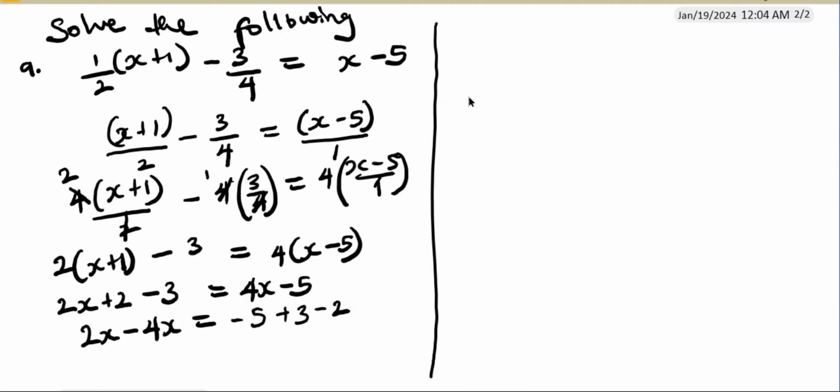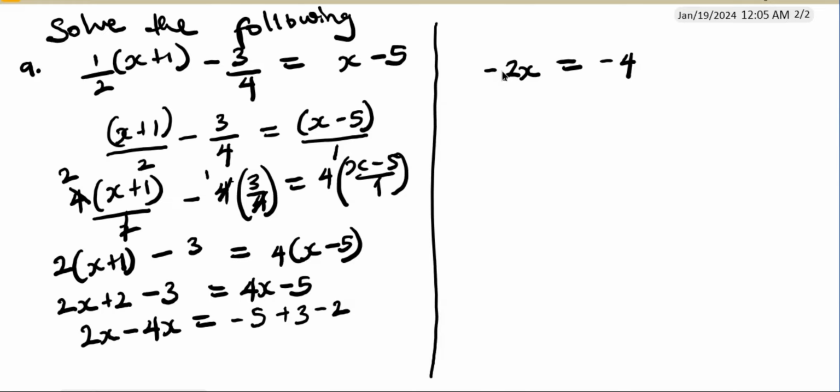So let's finish up this side. So 2x minus 4x will give me minus 2x equal to minus 5 plus 3 will give me minus 2, and minus 2 minus 2 will give me minus 4. So I have my minus 4 here. So you can see that the x is still attached with a coefficient.